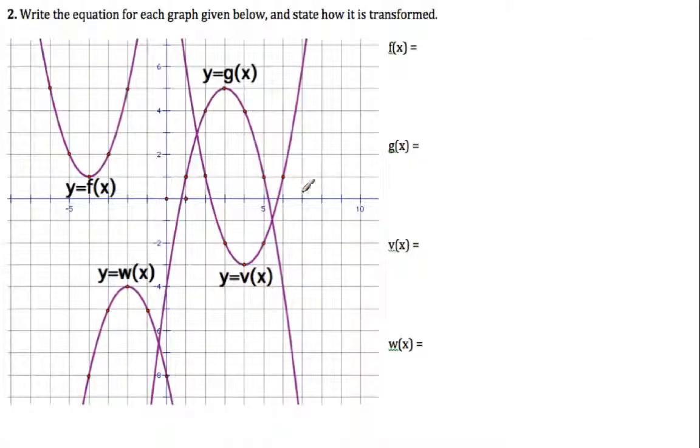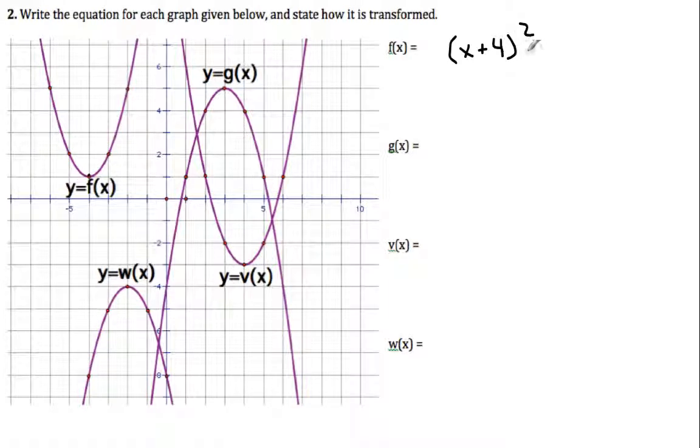On the second part of the notes here, we want to just start writing these equations here. Okay, and the normal rules apply with shifting, but now we're going to look at opening down and stuff. All right, so first of all, f of x. Let's find right here. Notice that it shifted left 4 and up 1. Okay, so we're going to start by writing this as x plus 4 squared, right?